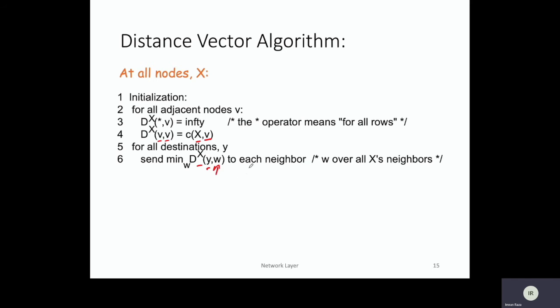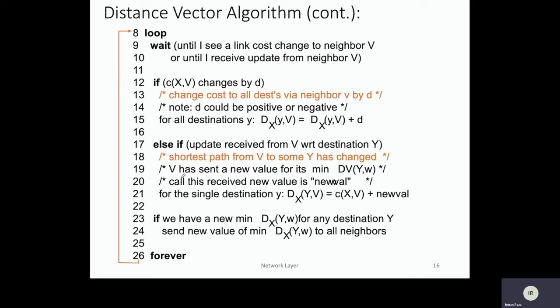So after this initialization step, we enter into a never-ending loop. What happens here is that a node waits for what? Until there is a link cost change to a neighbor V, or there is an update from neighbor V. So if a link cost between, say, router X and V has changed from 2 to 3, or V informs the router U that a cost to reach a specific destination has changed.